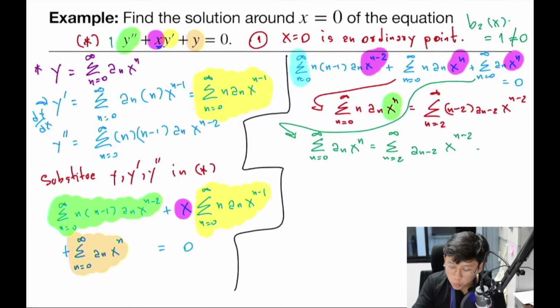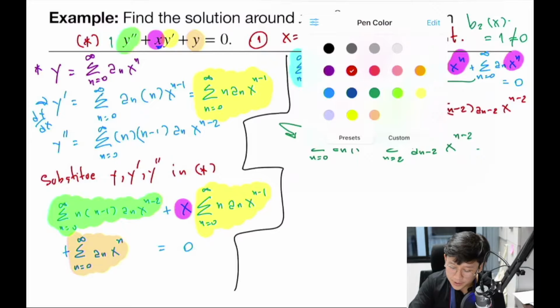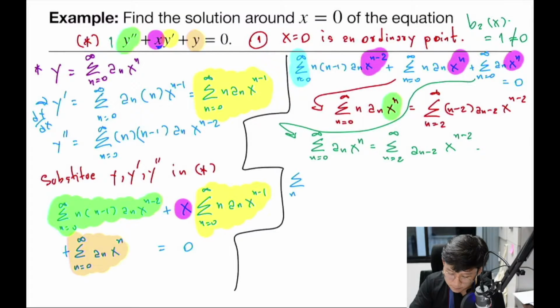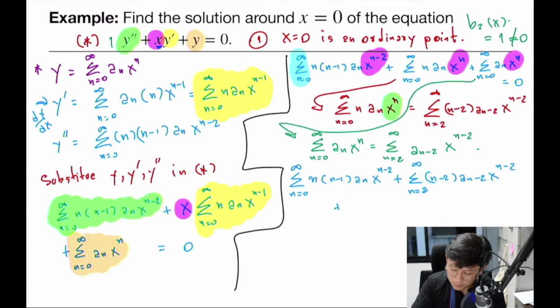So what I have would be summation n from 0 to infinity n minus 1 a n x to the n minus 2, plus summation n from 2 to infinity n minus 2 a n minus 2 x to the n minus 2, plus summation n from 2 to infinity a n minus 2 x to the n minus 2 equals 0.